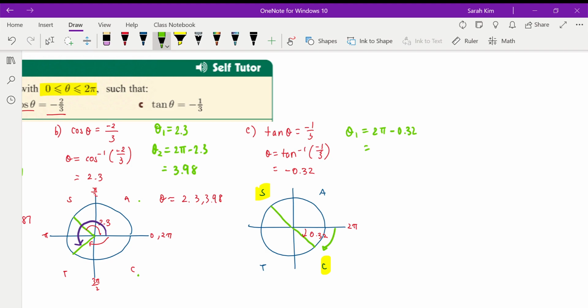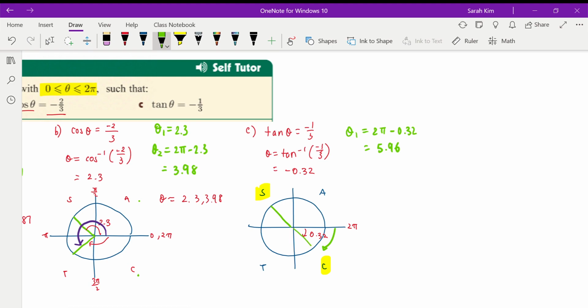Let's give that a go on the calculator. 2 pi take 0.32. So that gives me 5.96. So what I found is that angle is actually that first angle.